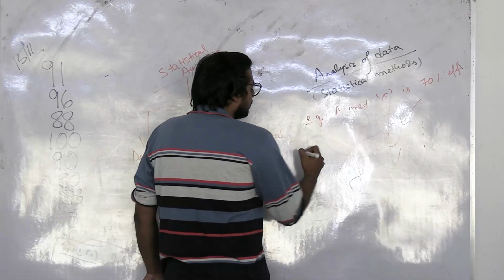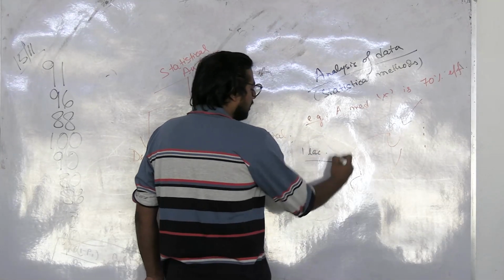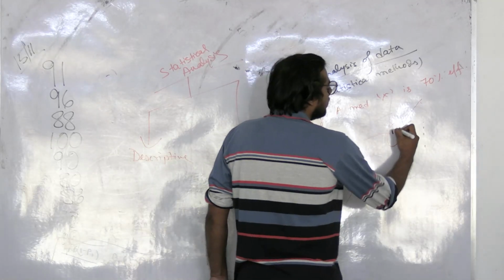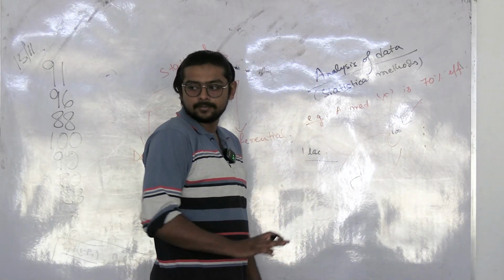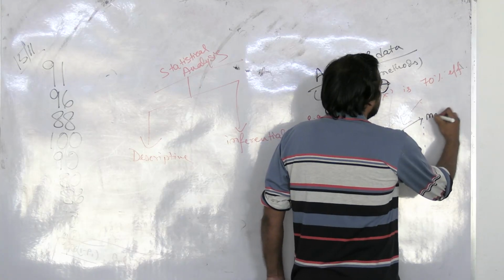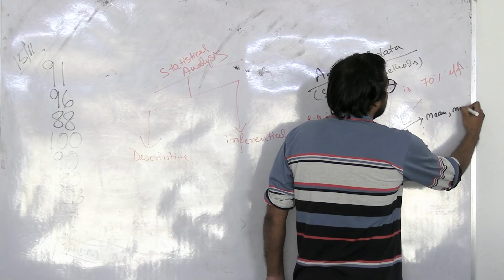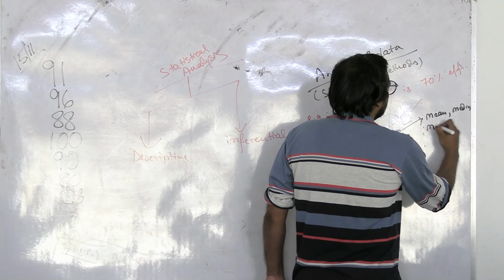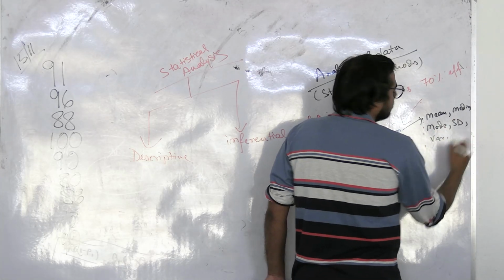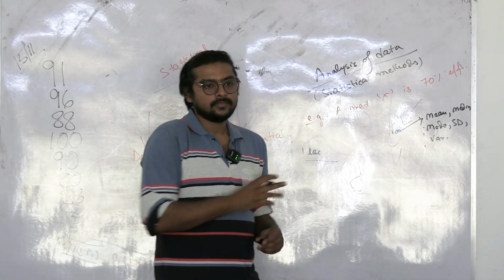Say we have a population of 1 lakh. We can't go to everyone, correct? What can we do? We can draw a sample of 100. Now what can we do? We can find the mean, the median, mode, SD, standard deviation, variance, etc. Know these things?